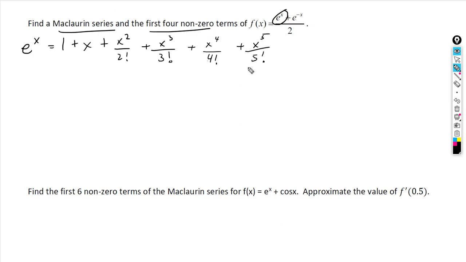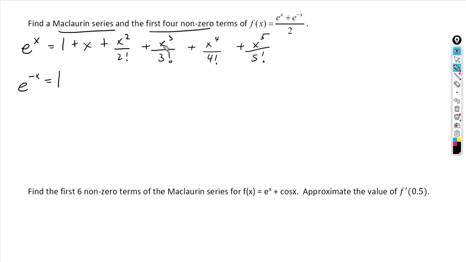And you might be like, well, it says first 4 and you did first 6. I understand where you're coming from, but again, stuff might cancel because I have e to the negative x, and that's going to cancel some things. So I went a little further than maybe what I needed, but maybe I'll end up keeping the stuff that I actually wrote. If not, you just get rid of it, right? So I get e to the negative x, and e to the negative x just changes the sign of all of my odd powers, because this is negative x squared, which still remains positive.